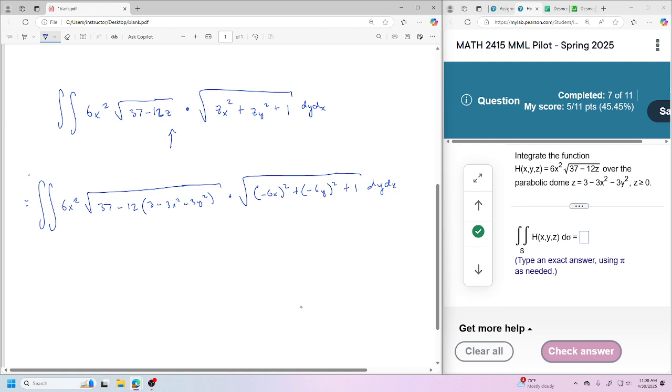This is Desmos right now, but I need to put some limits on it, right? So what we're going to do to find the limits is set the z equal to 0. You can see they're trying to tell you that a little bit. So I basically set that equal to 0, and I want to solve for y. And so I'm going to move the y over and divide by that 3 here in a second. Oh, you know what?